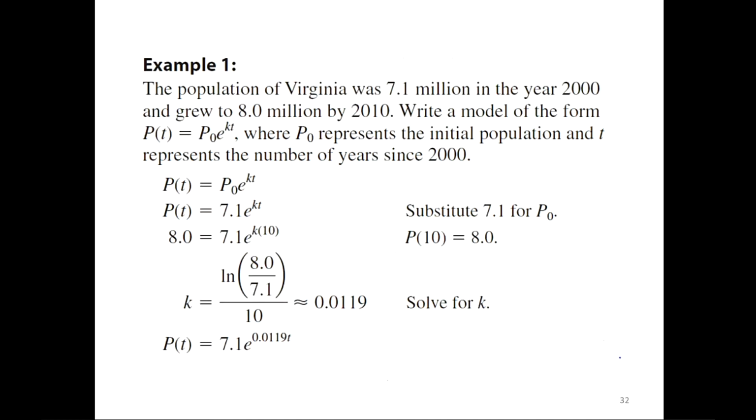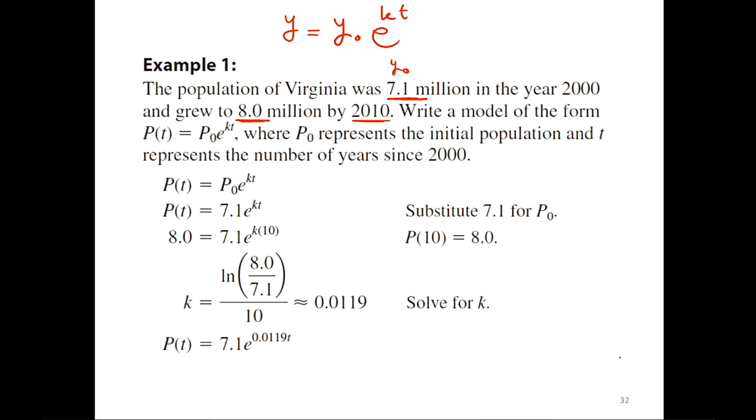Now for the exponential decay or growth, y equals y naught e to the power kt. The population in Virginia was 7.1 million in the year 2000, and grew to 8 million after 10 years, from 2000 to 2010.